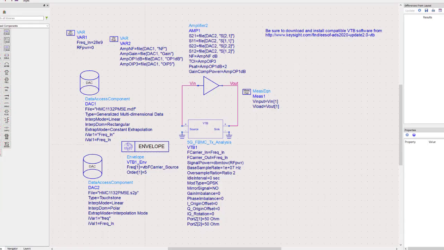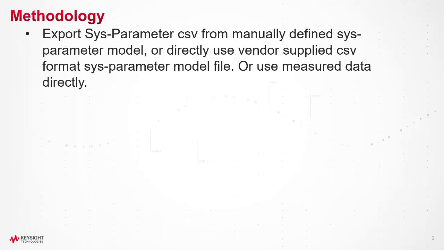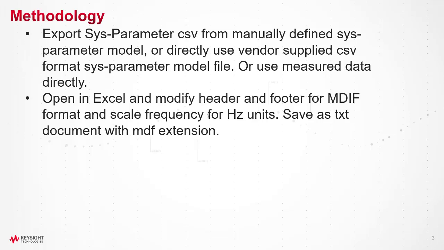Today, we will add a PA to follow the driver amplifier from Analog Devices. We'll use the HMC1132PM5E. We applied a similar methodology to import the Analog Devices PA data into ADS. We exported Sys-Parameter data from SystemVue, and we used a few modifications to prepare it to be saved as an MDIF file format with an MDIF extension.